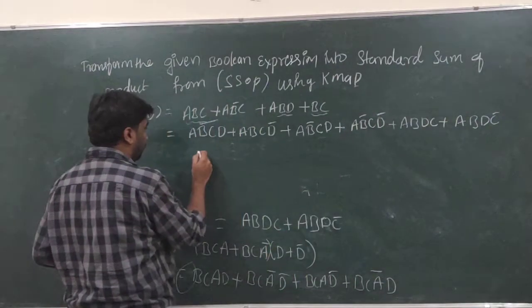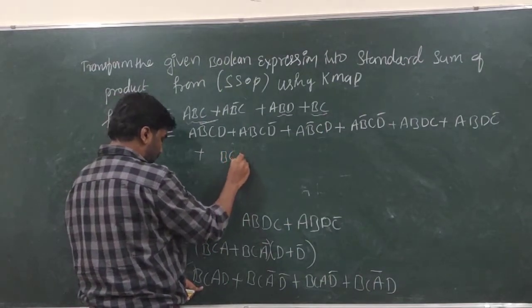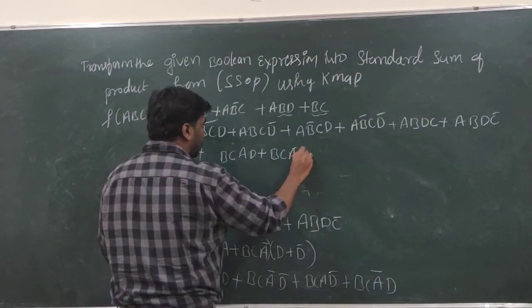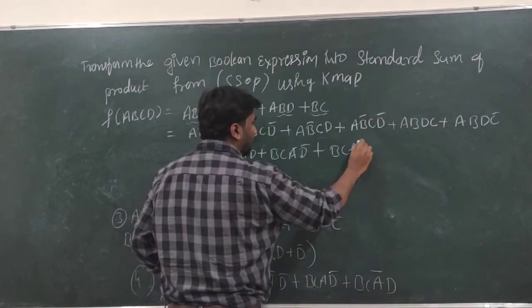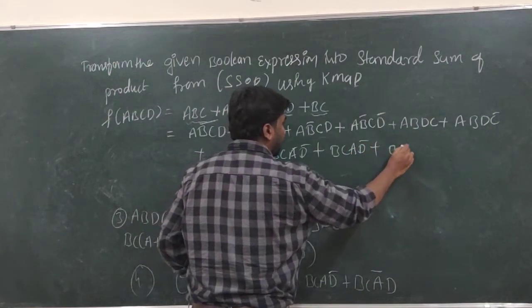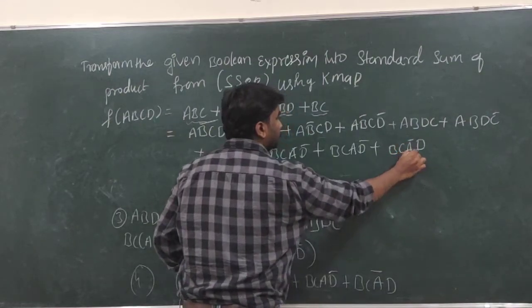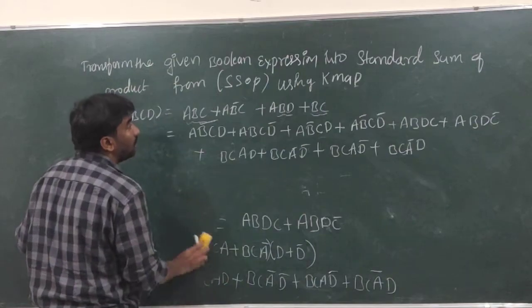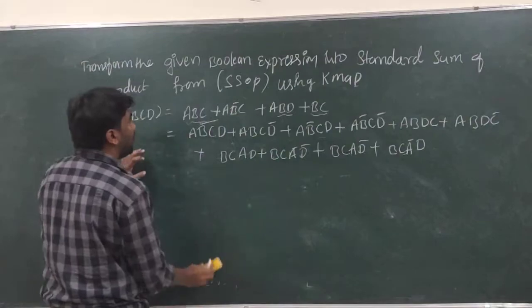Next plus B, C, A, D plus B, C, A bar, D bar plus B, C, A, D bar plus B, C, A bar, D. So this is in standard SOP form.